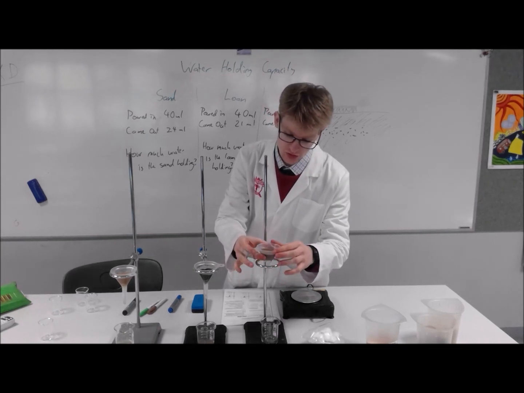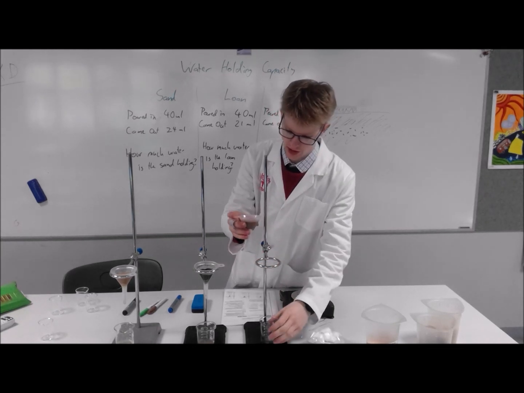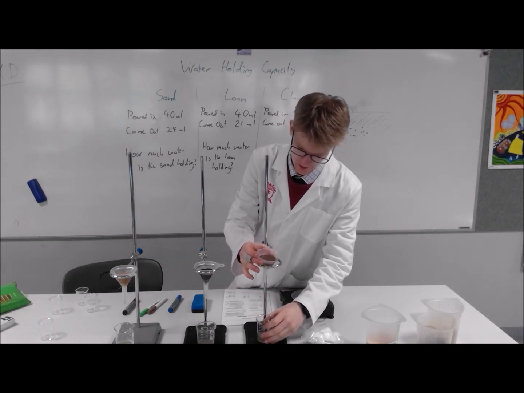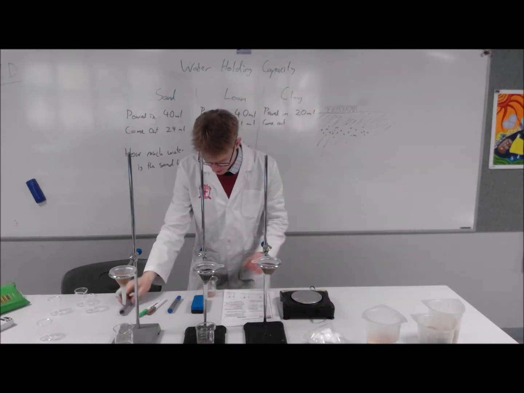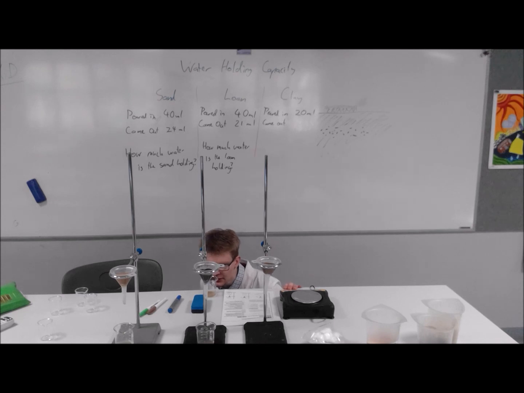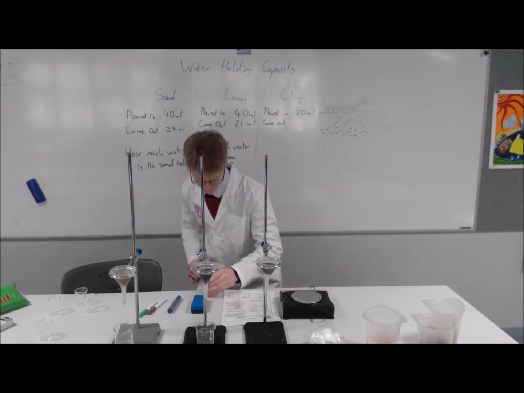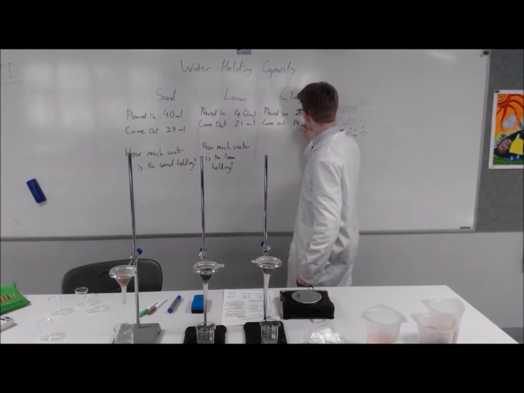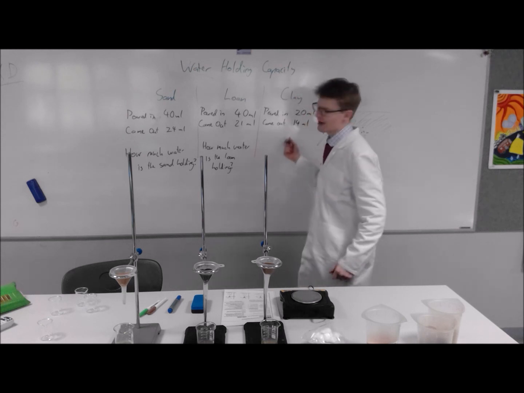So what I need to do is pour this water out. Now with that in mind, when I measure this, I can say that about 14 mils has come out of the clay.